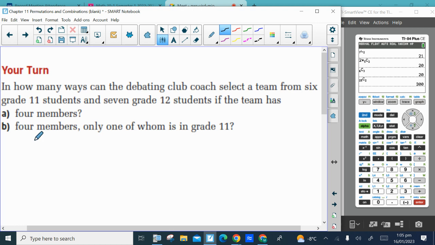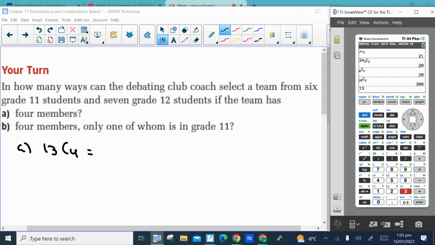So from the 13, you're choosing 4. It'll just be 13C4. 715.